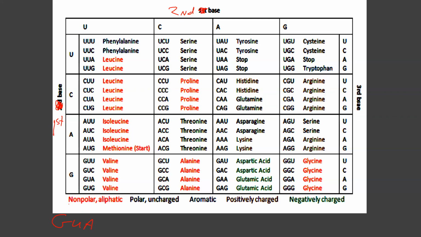I come over here to the first base column to find my G. Then I have U as a second base, so I look up to find U. Here we go. So G and U converge right here. Then I can find GUA right there. And GUA gives me valine, okay? And I can do the same for any of the codons I can think of, right? Just remember, first base is on the left side, second base is on top for this one, right? All right.